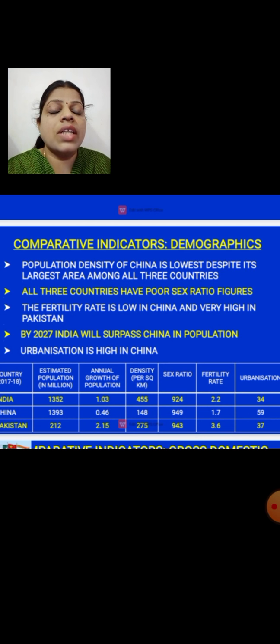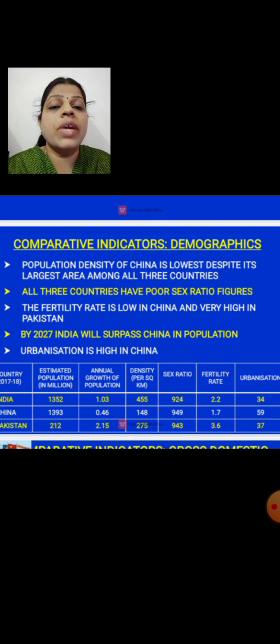And if we compare the sex ratios between these countries, the sex ratio is very high in China. Right? Yes, it is very high in China. And if we compare the fertility rate, I told you that if we compare China, India and Pakistan, the fertility rate is very high in Pakistan.